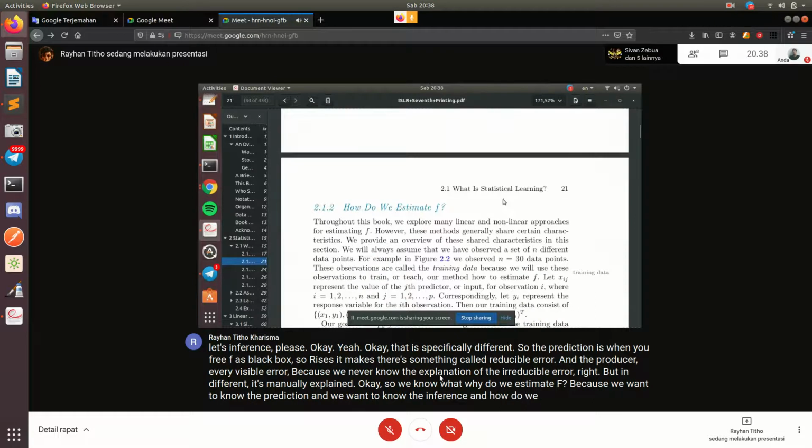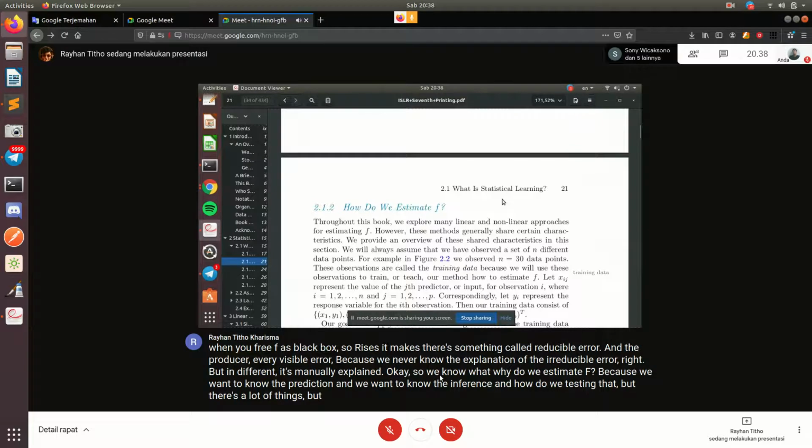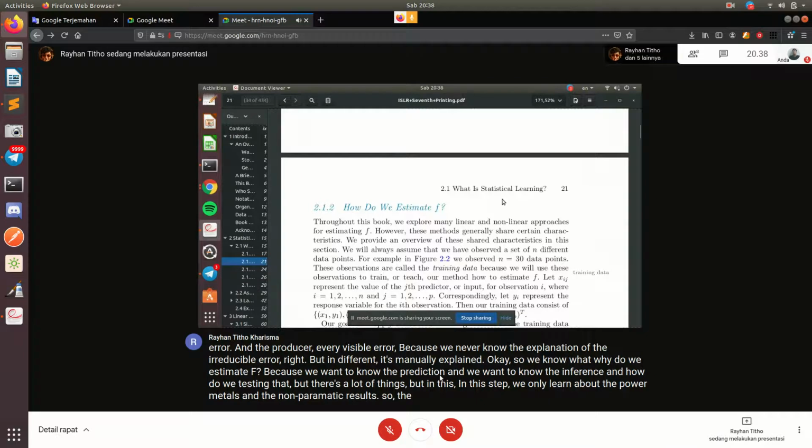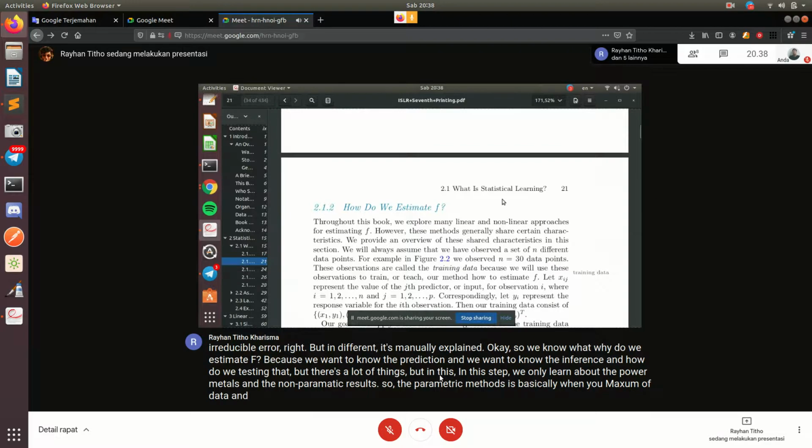And how do we estimate F? There are a lot of approaches, but in this step we only learn about parametric methods and non-parametric methods. Parametric methods are basically when you make an assumption about the data and y.